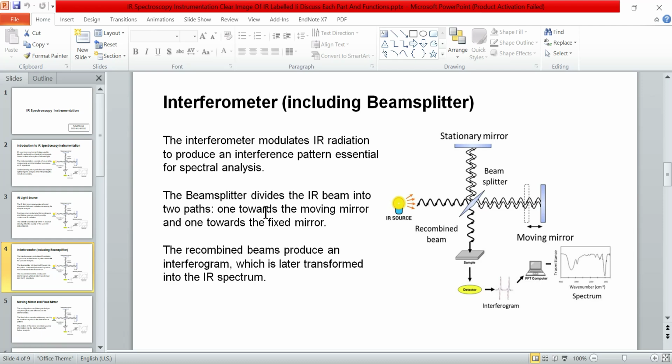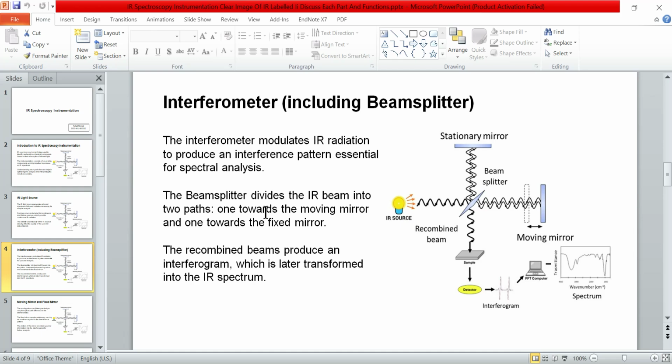So the interferometer modulates IR radiation to produce an interference pattern essential for spectral analysis. The interferometer can also modulate IR radiation to produce an interference spectrum essential for spectral analysis.